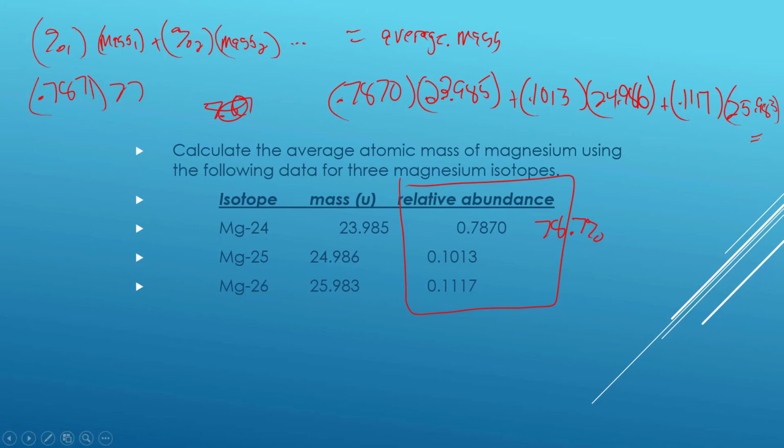So you see I've got abundances, which are percentages, times masses.